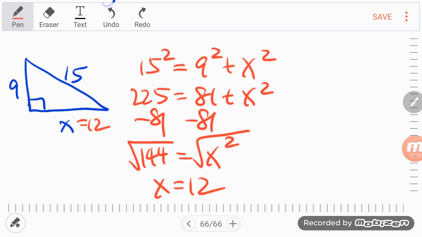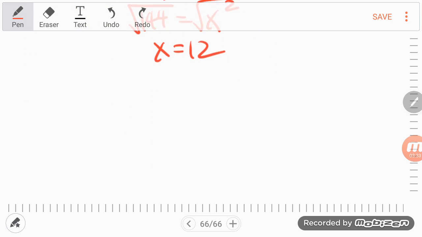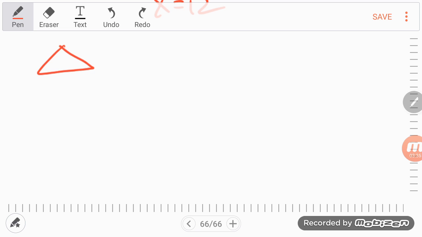Now, as I said in the beginning, for now this is just a review. You might come across word problems, right? Word problems where maybe there's a house and you have to use a ladder. Let me try to draw this: a ladder that goes up, and this is the ground.